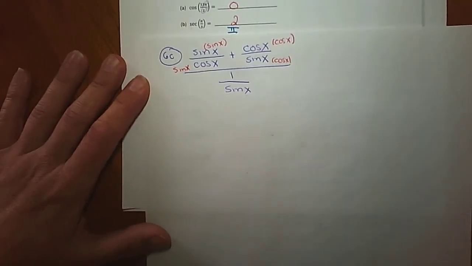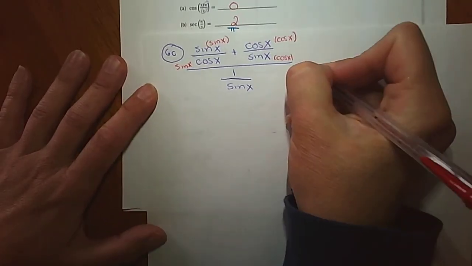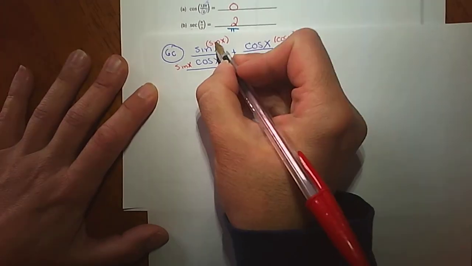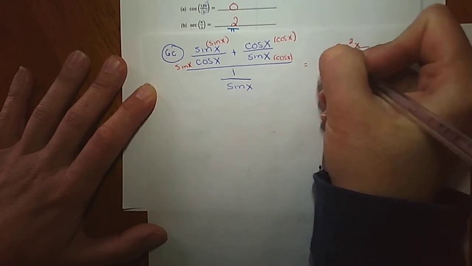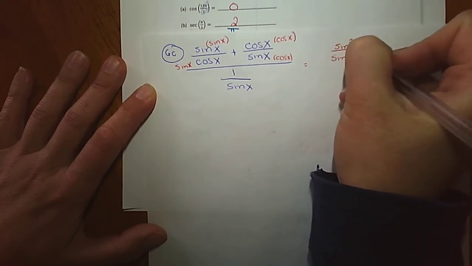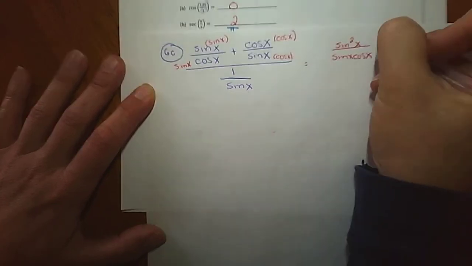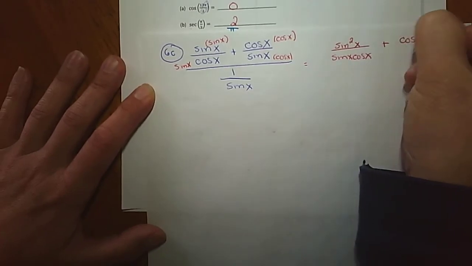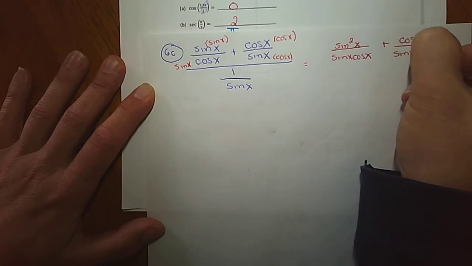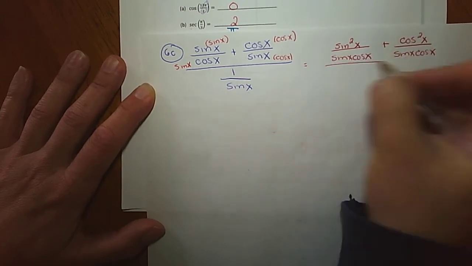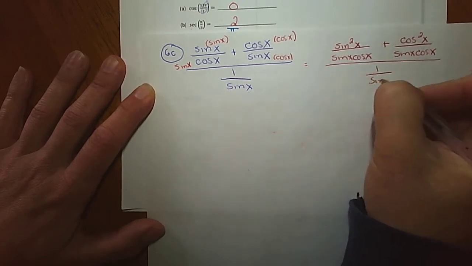All right. So now this becomes sine squared x over sine x cos x plus cos squared x all over sine x cos x, all over 1 over sine x.